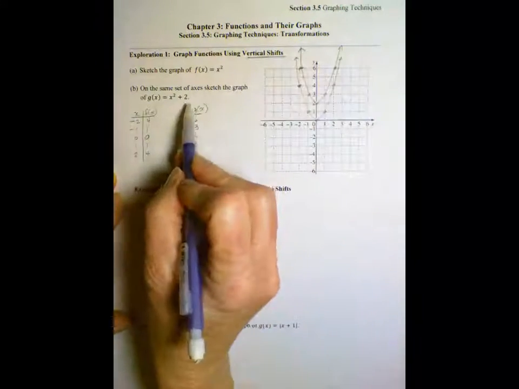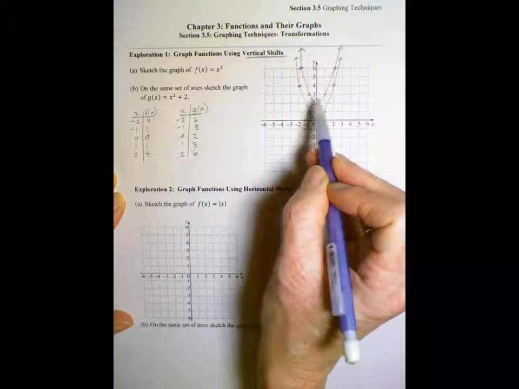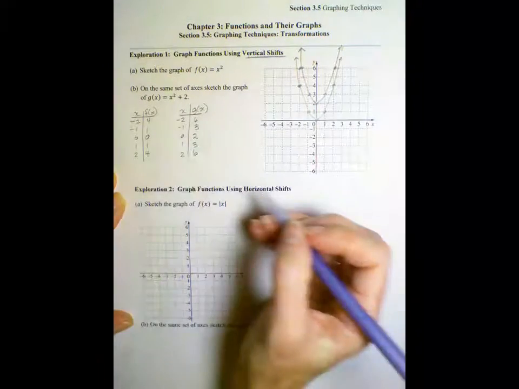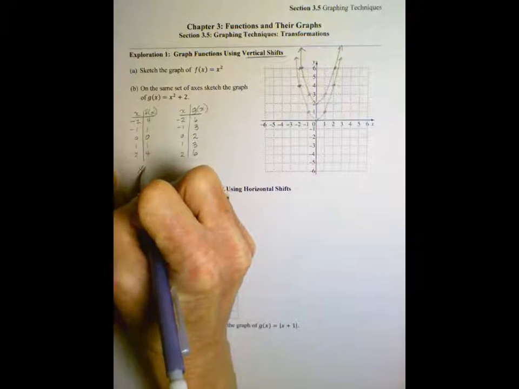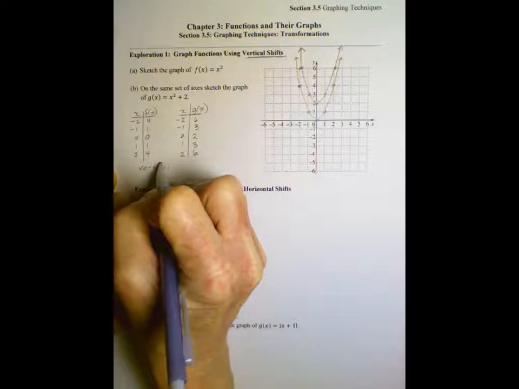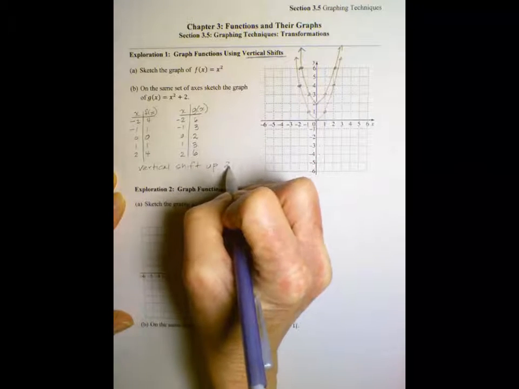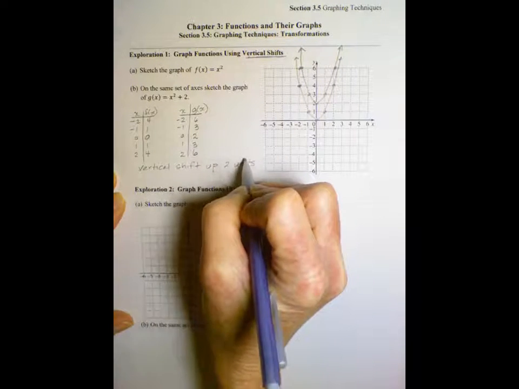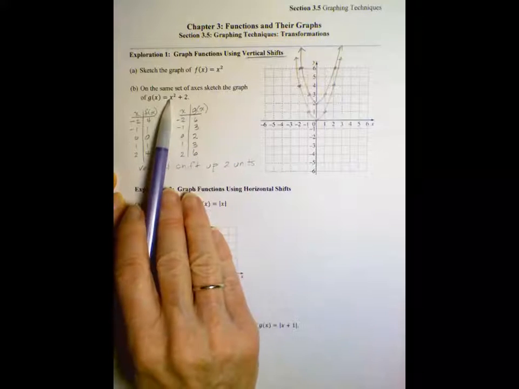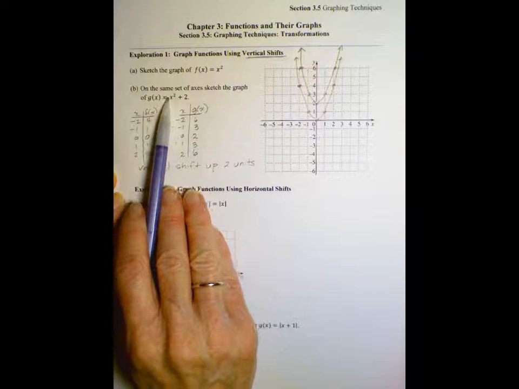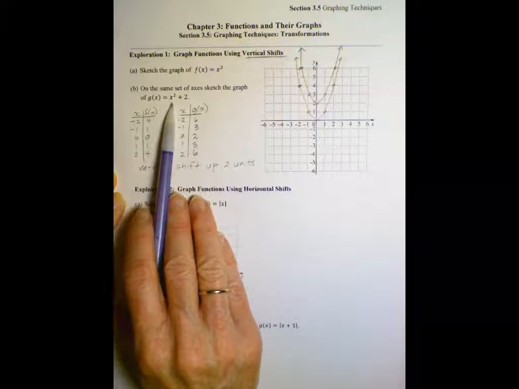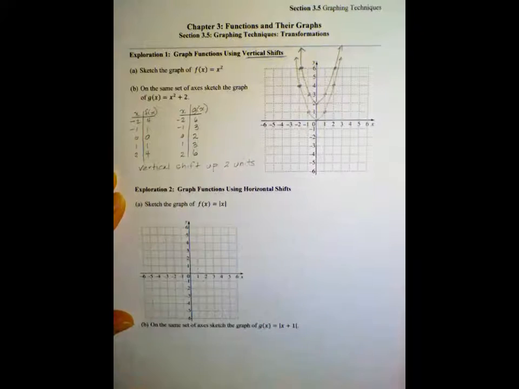And a vertical shift, how many units? 1, 2, in the positive direction. So what we saw is a vertical shift up 2 units. That was the result of taking the original parent function, evaluating that function. We squared first and then add 2.